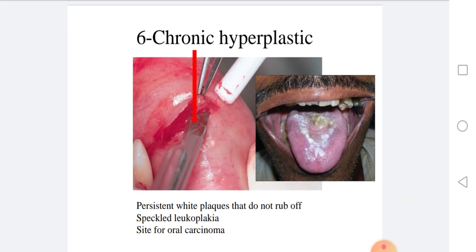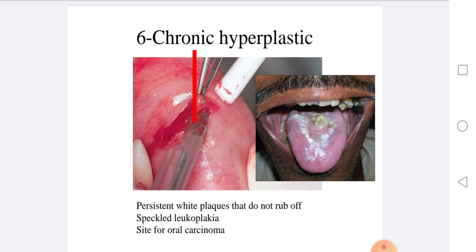Chronic hyperplastic oral thrush, you see here the persistent white plaques. You see here the plaques on the tongue, the dorsum of the tongue. These plaques do not rub off. If you try to remove them, they will not be removed. They are adherent.